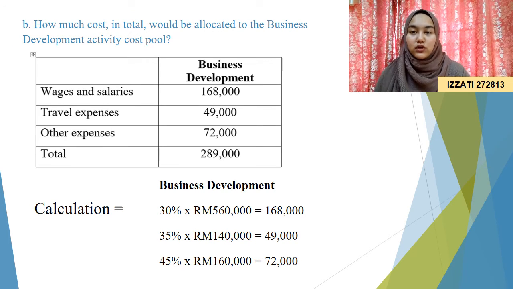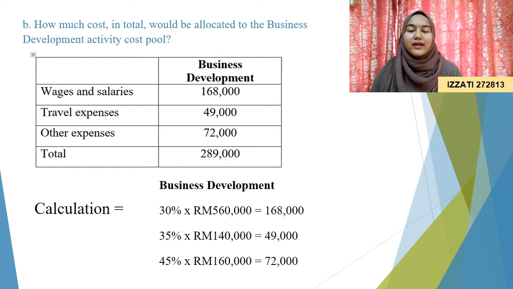B. How much cost in total would be allocated to the business development? First, you should know how much the percentage is used for its cost. For example, in business development, 30% for wages and salary, 35% for travel expense, and another 45% for other expense.